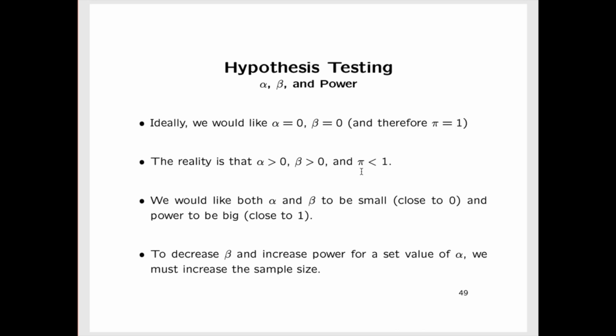And so when we're talking about having a certain amount of power, or when we talk about the value of beta, that is always based on a particular effect size, let's put it that way.